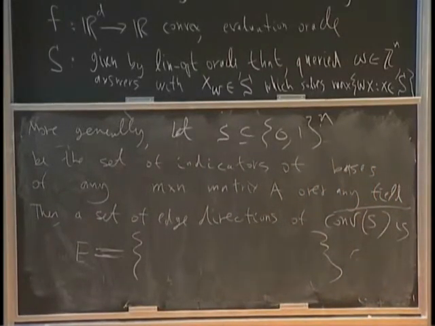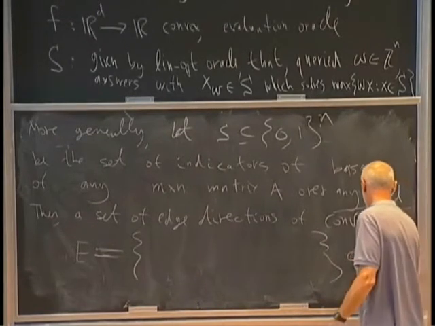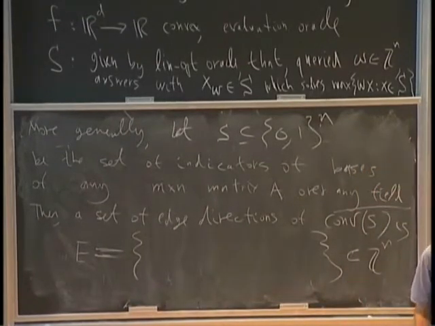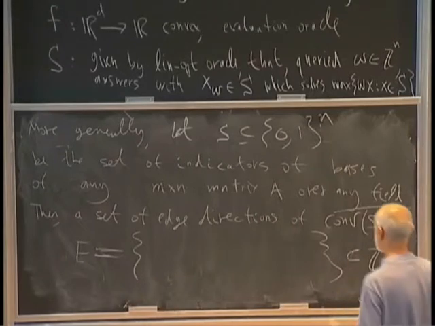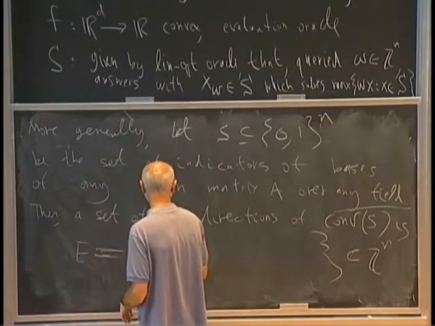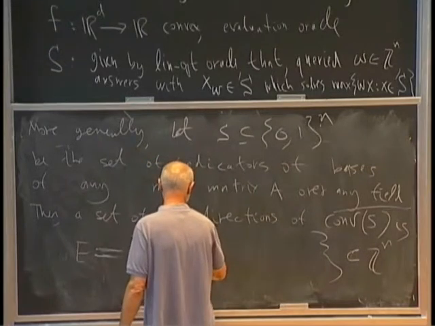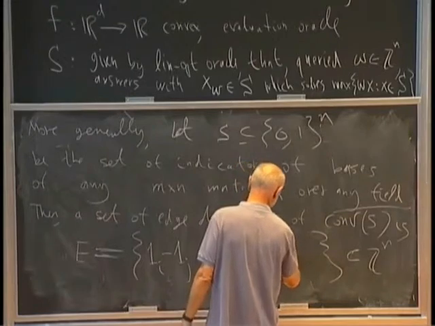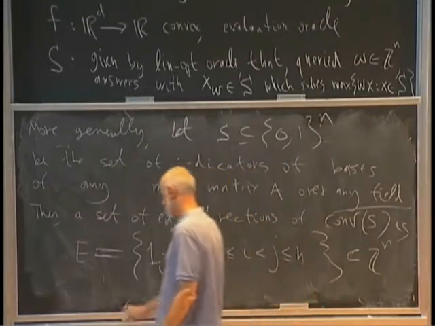What's the set of edge directions of the convex hull of S for any matroid? This is very simple. The differences of 2 unit vectors, that's all. It's an exchange. There's this exchange axiom which defines a matroid: the set of all pairs of differences of distinct unit vectors. So you have n choose 2 of those.